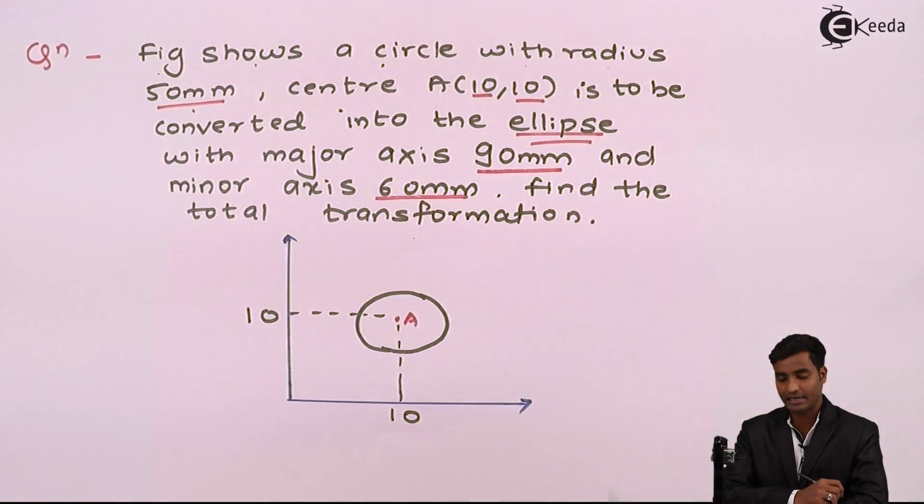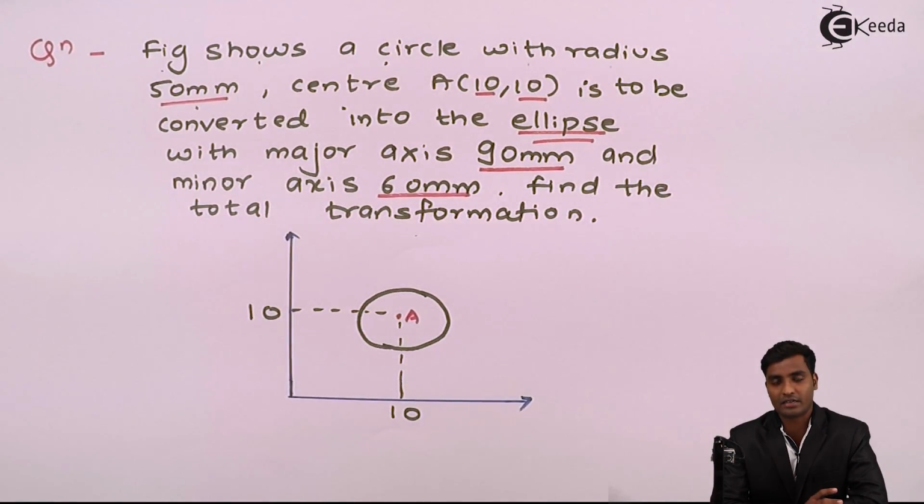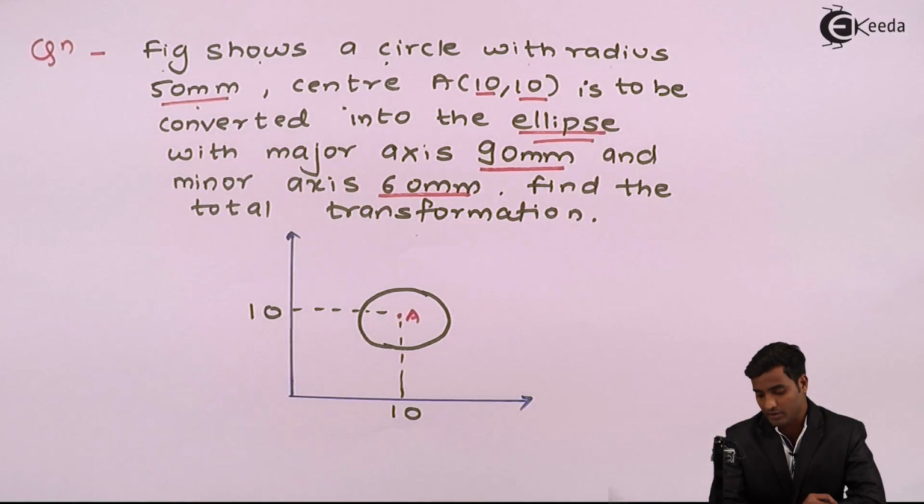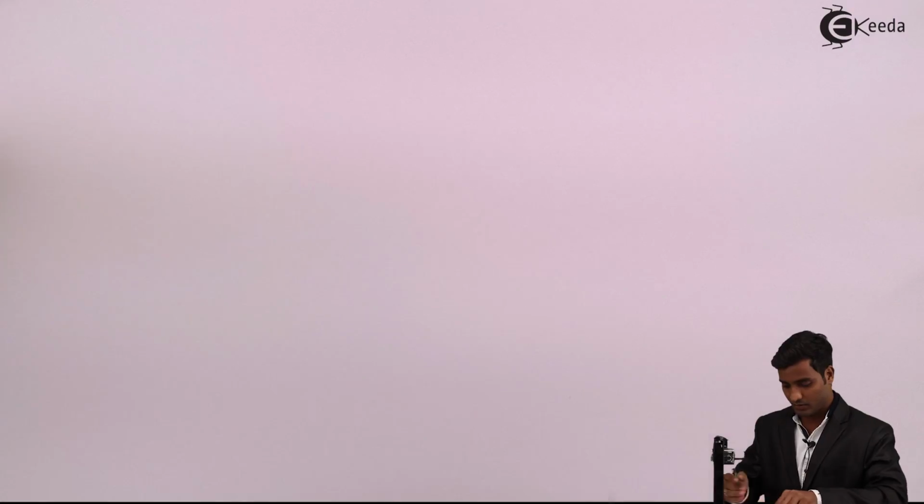So the problem says that we have to convert the given circle into an ellipse, which means that we have to do scaling. In scaling we either enlarge the figure or reduce the figure. So we will start.